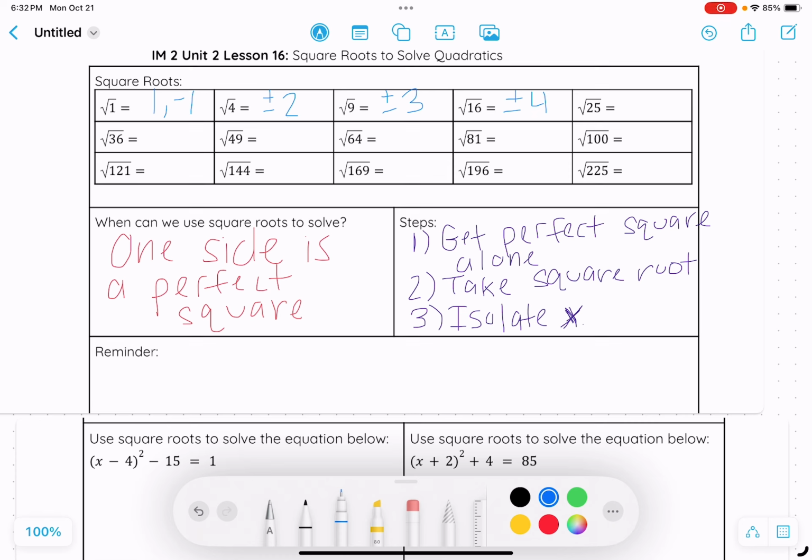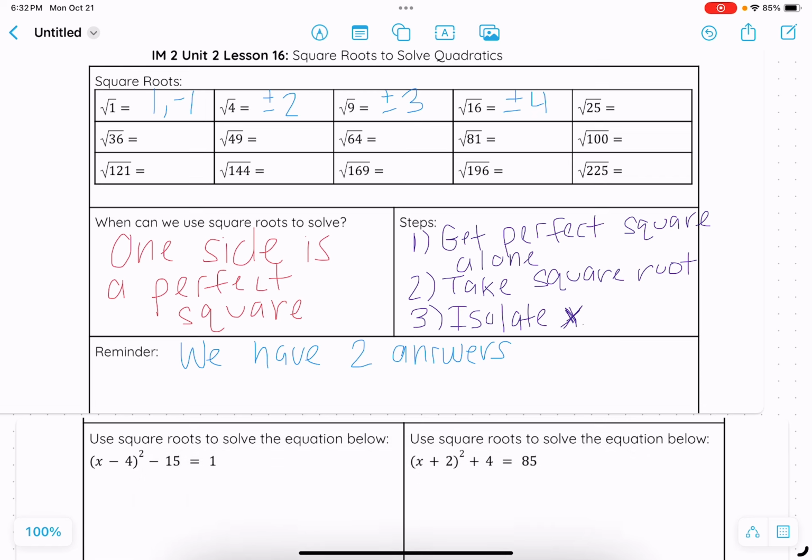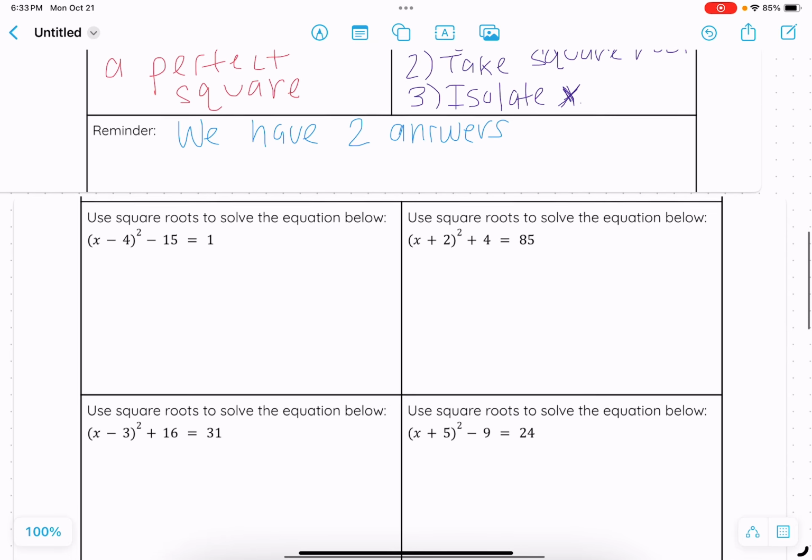So reminder, we have 2 answers with square roots and with our x-intercepts. So let's go ahead. We're going to do a practice problem, and then you guys are going to try one.